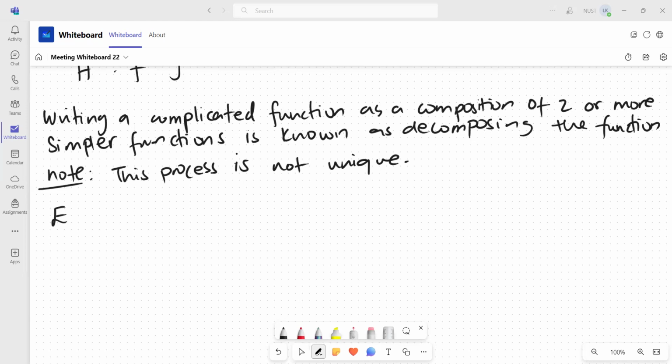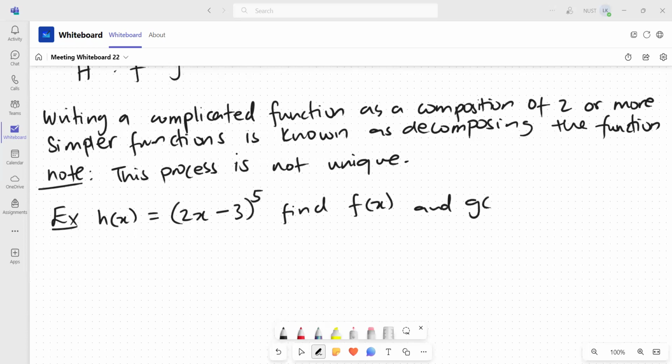So if we look at an example of this, we have h of x. This is equal to 2x minus 3 to the power of 5. And we say find f of x and g of x such that h of x is equal to f of g of x.